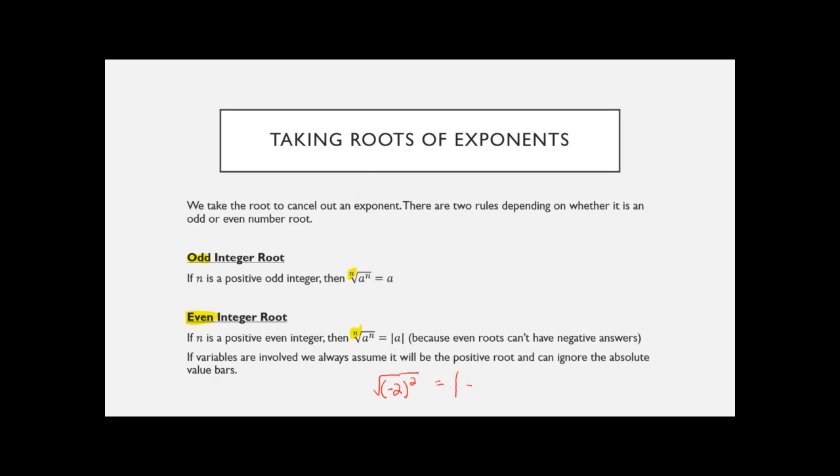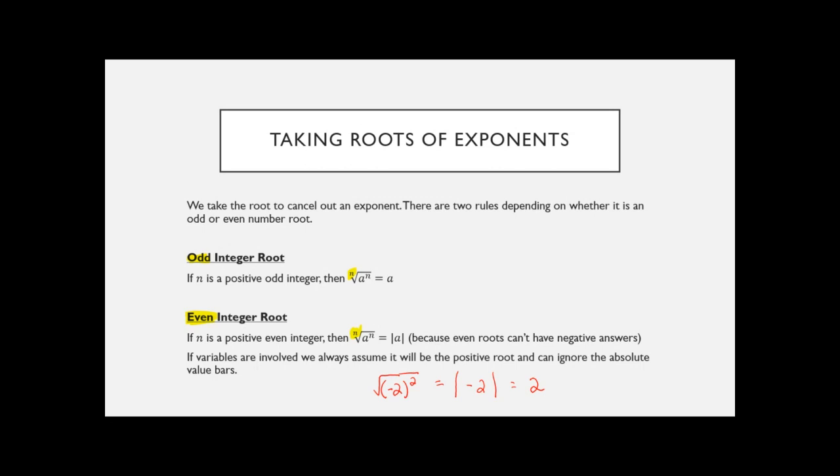So our answer is really the absolute value of -2, which is equal to +2. And this would be equal to, if instead of using this rule, you squared the -2 first to get 4, and then we take the square root of 4 and that gives 2. But most of the time you don't get situations like this often. And we usually write it in such a way that we tend to get the positive.